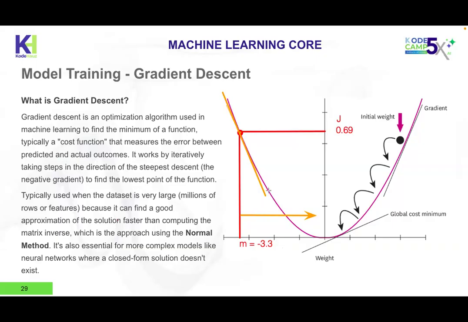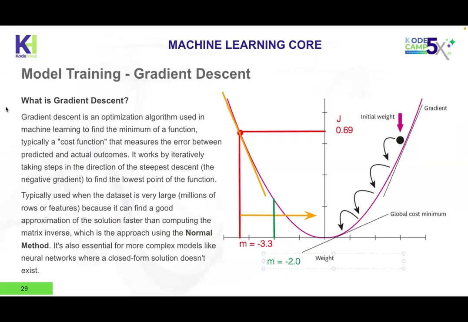So I adjust it to these points. Let me draw the upward line. I adjust it from m equals minus 3.3 to this point where m would be maybe minus 2. So here, I have adjusted this parameter m to where its value is minus 2, and you will see that the error has gone down. This is m being minus 2, the green one.